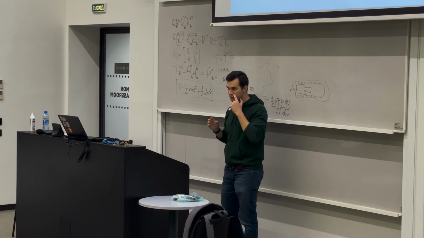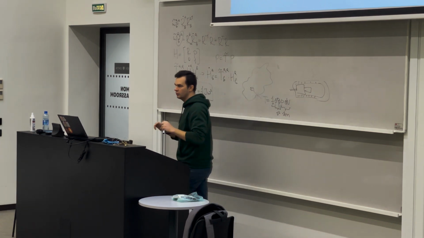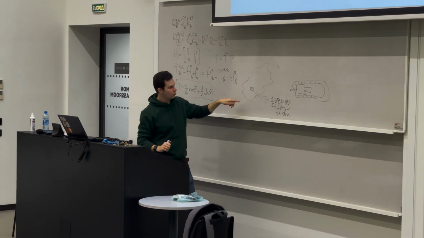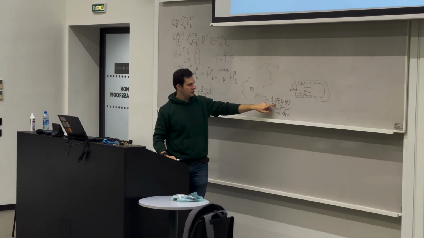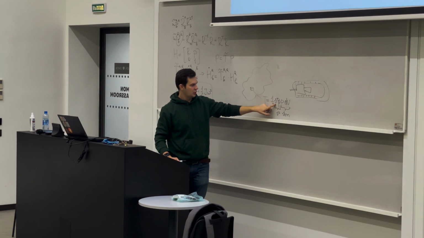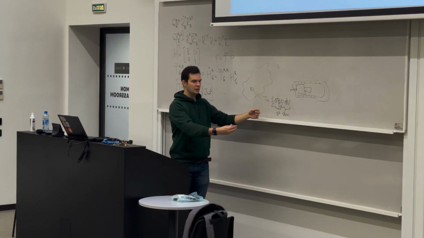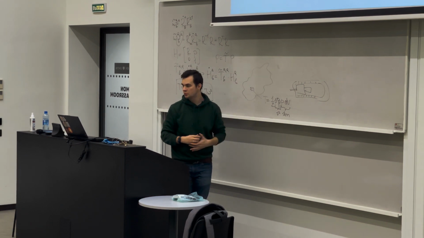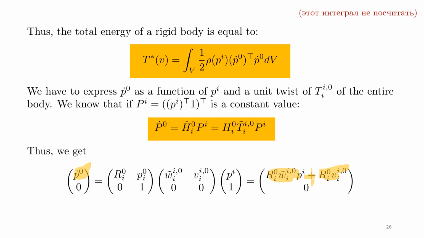We just derived that the twist will be constant for all points. And if we do something like here, we will have not a p dot, but something with a twist. In this case, we can take the twist out of the integral sign. So basically, we'll try to do the following. All right.